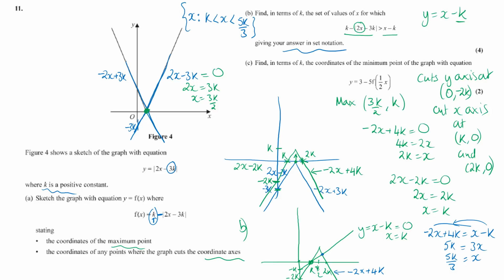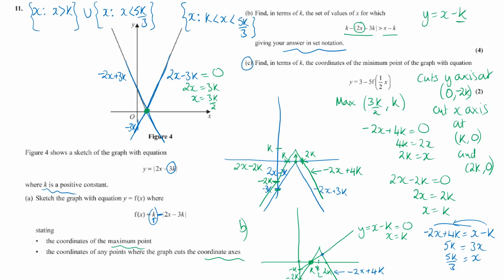You can write it as x such that x is going to be greater than k, and union that with x such that x has got to be less than 5k over 3. Okay, I'm running out of room here.